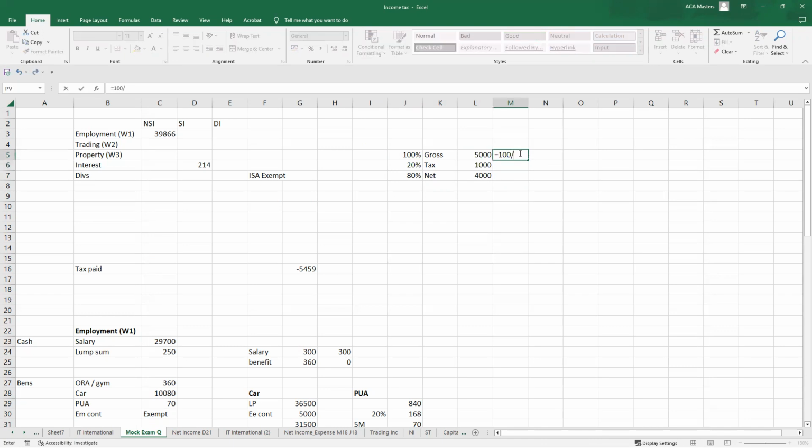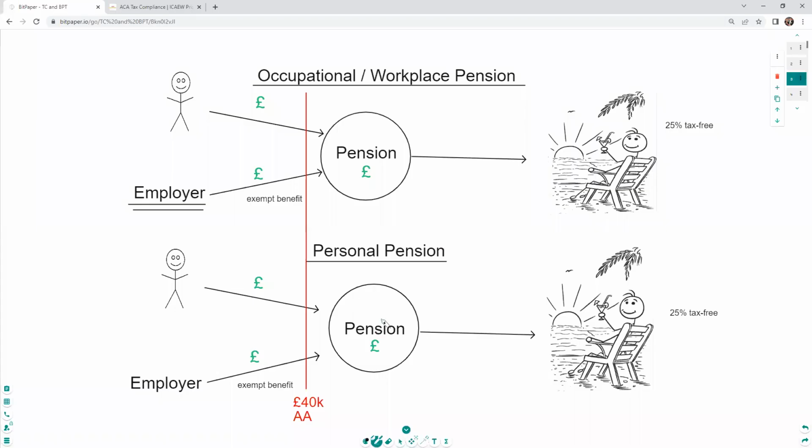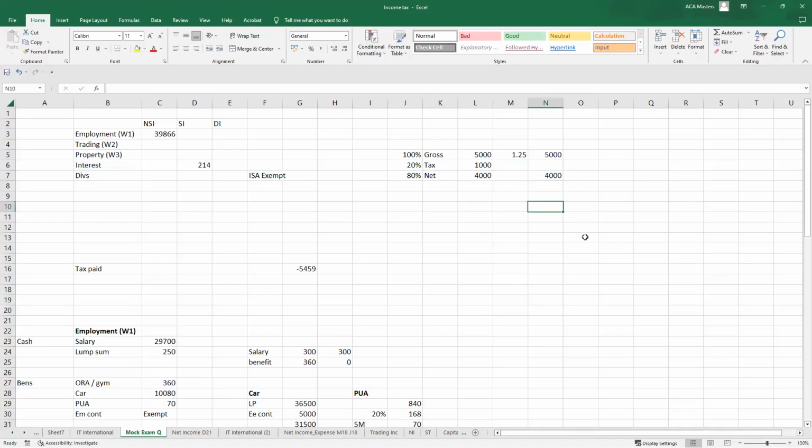So a simpler way to do this would be to just take the net amount and multiply it by 1.25 to get to the gross amount. That could be a quicker way to do it in the exam. Take the net amount, multiply it by 1.25. So this is the amount which goes into his pension, the 5,000. So that's how he gets some tax relief at the basic rate.